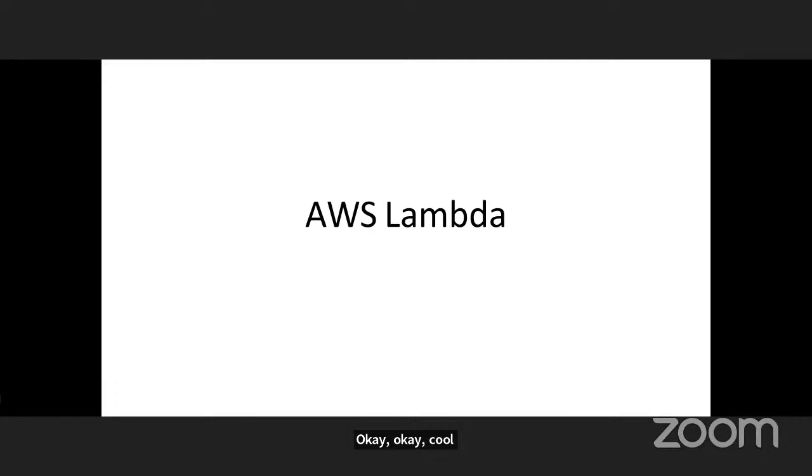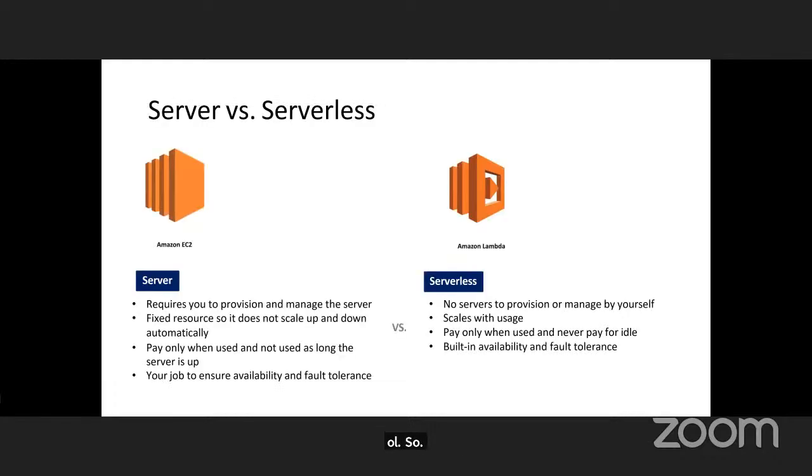So talking about serverless. Okay, so let's start by comparing the traditional server-based architecture with the serverless architecture. The two representative services here in AWS are EC2, which is the server-based architecture, and Lambda, which is the serverless.